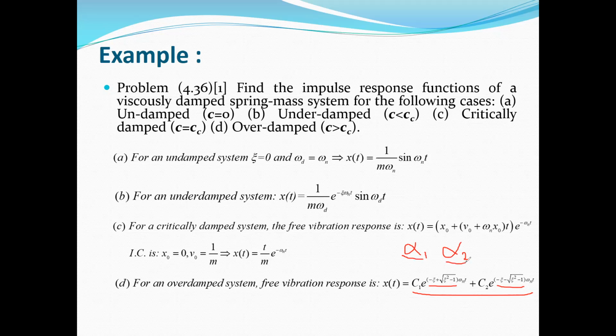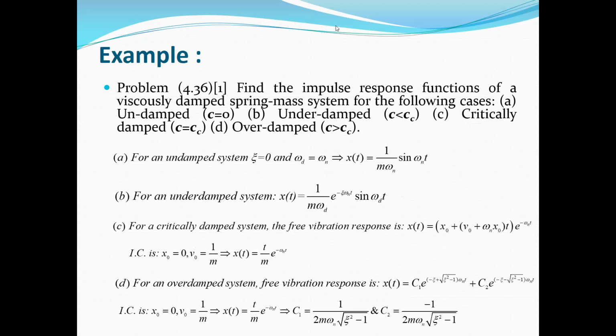The total response, or the homogeneous response, of course, is equal to C1 exponential alpha 1 t plus C2 exponential alpha 2 t. Now we need to obtain C1 and C2 by using the initial conditions. Again, we use the initial conditions for a system subjected to the impulse.